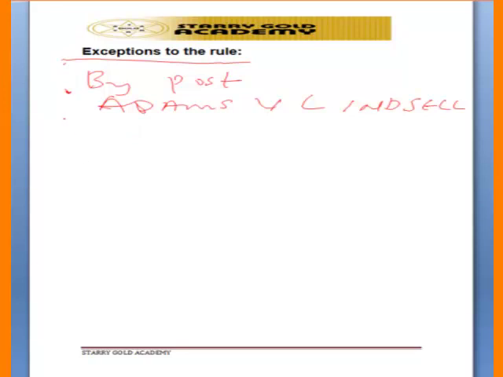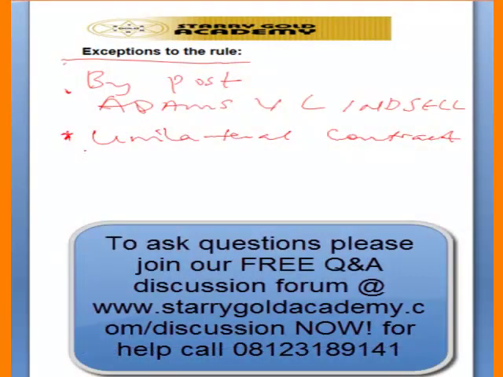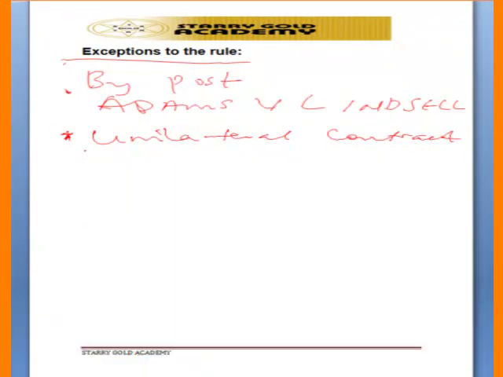Then the second exception is where it has to do with a unilateral contract, as we have in Carlill versus Carbolic Smoke Ball. A promise to do work, a unilateral contract, where someone is the one that is promising. Take, for example, where the police are saying that they are looking for a criminal, they want somebody to give them information.